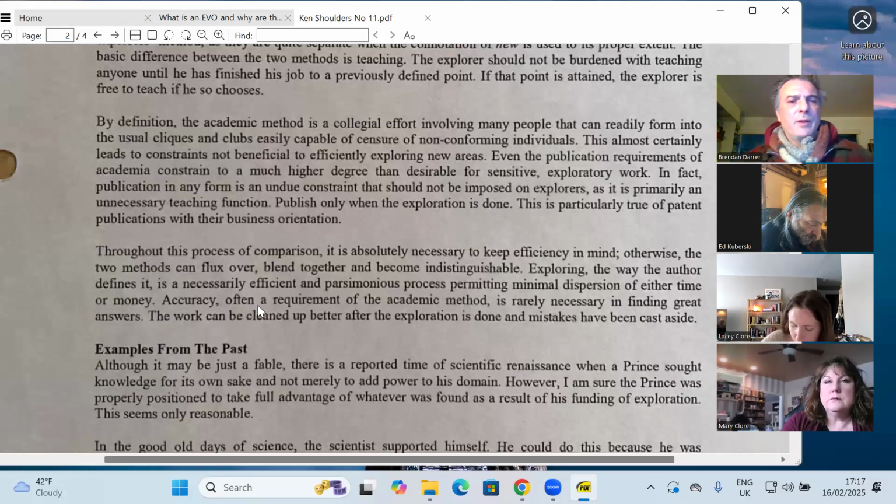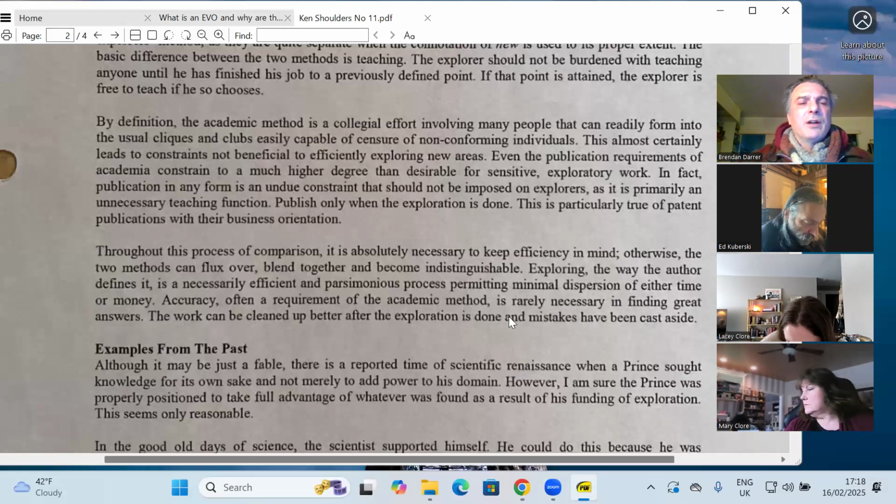Accuracy, often a requirement of the academic method, is rarely necessary in finding great answers. The work can be cleaned up better after the exploration is done and mistakes have been cast aside.